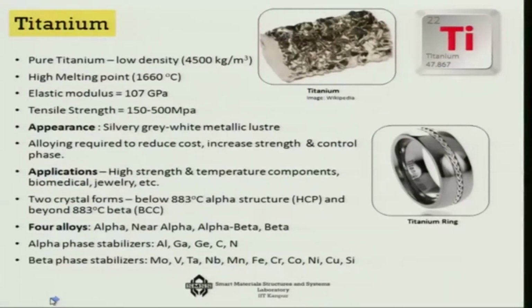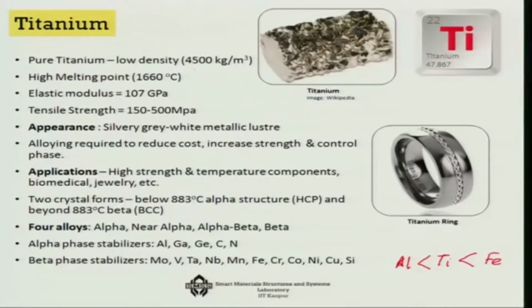The next thing that became important in terms of transport applications is titanium. Its density is higher than aluminum, but lower than steel. So, we always say on a density scale, the density of aluminum is less than the density of titanium, and the density of titanium is less than the density of iron based alloys.